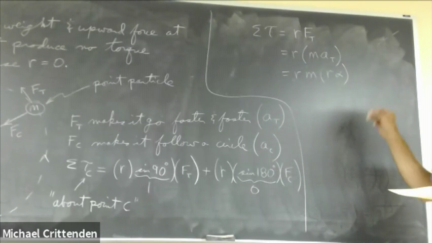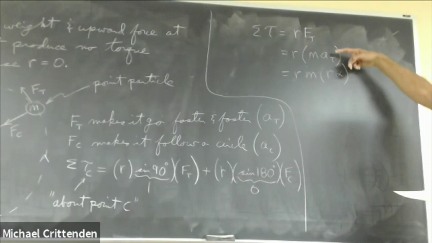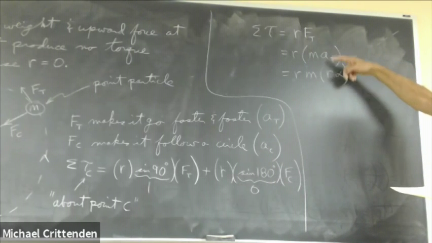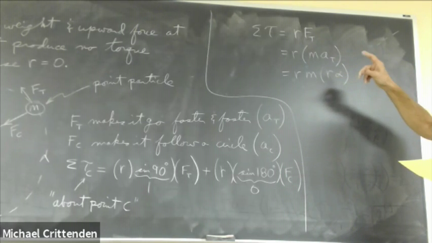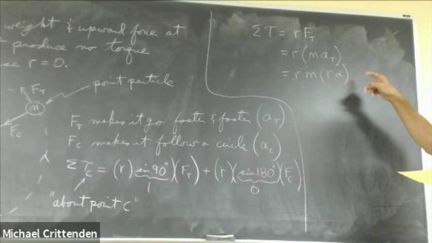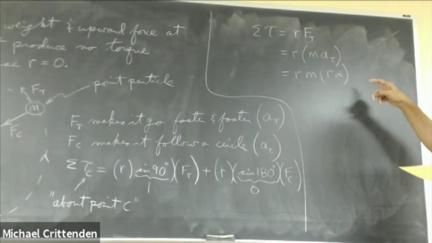From what I said earlier in section 7, tangential acceleration is equal to R times alpha. This substitution requires the use of radians.